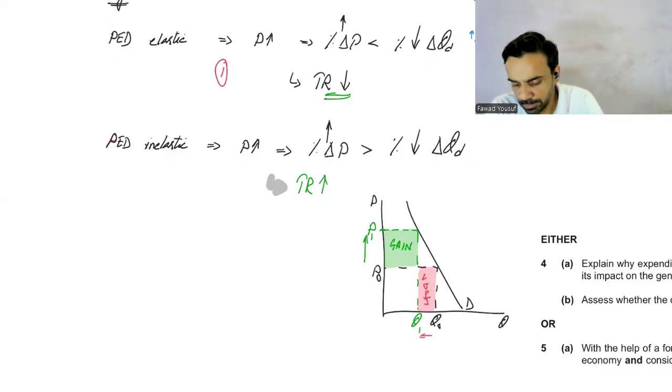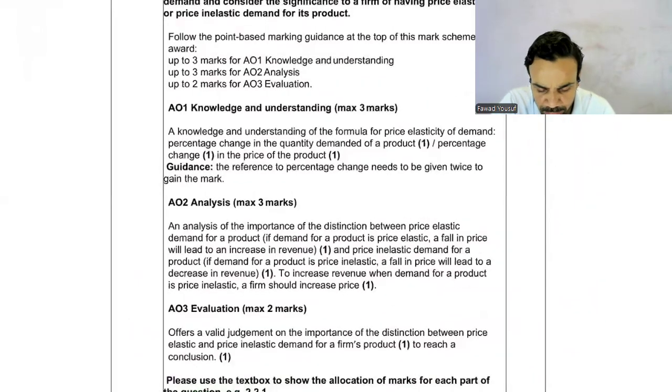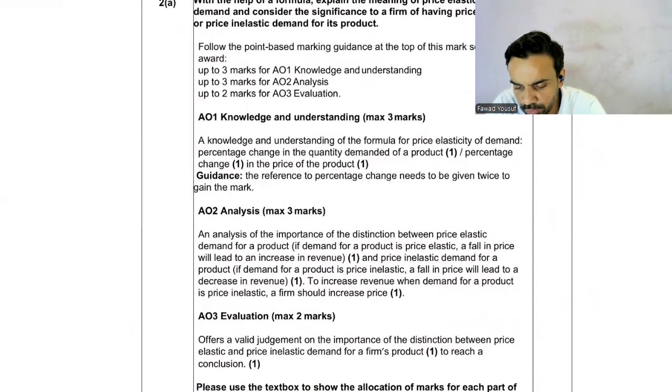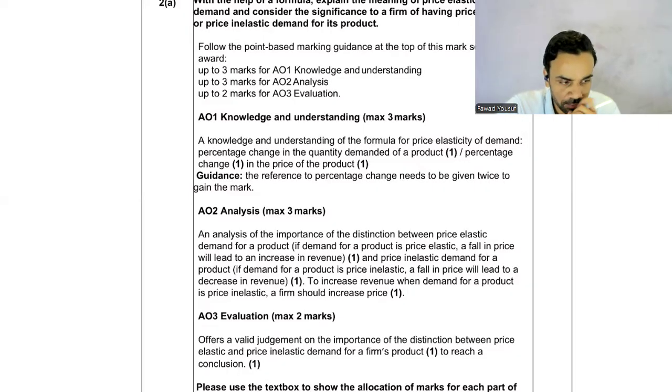So let me just see the marking scheme for a second. So this is what is happening. Let's go over the marking scheme for a second. So in the scheme, for this question, this is what they're saying in the marking scheme.